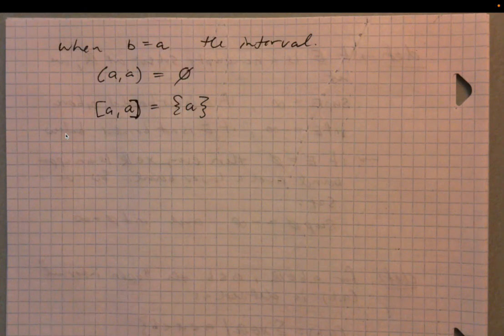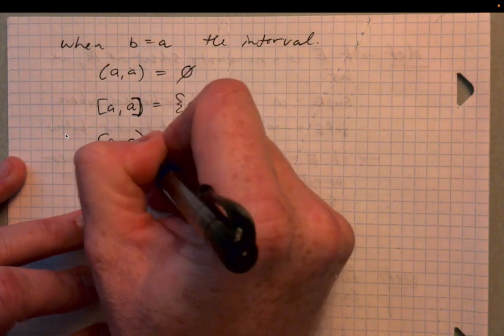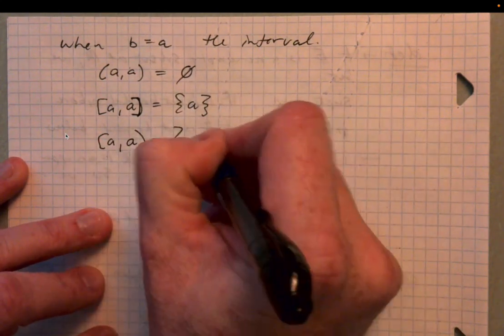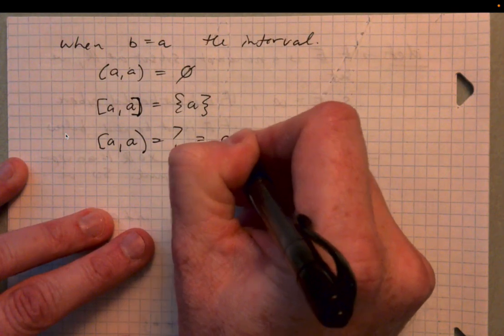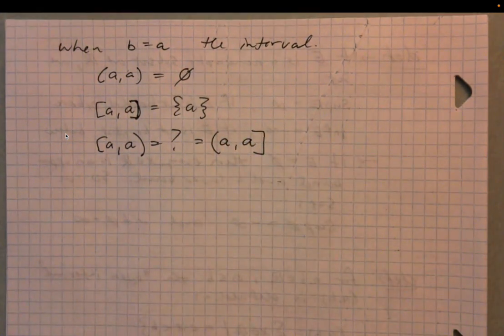Okay, and what happens with the half-opens? Well, I'm going to leave that to you to think about. Okay, and so these are the intervals. Questions about intervals, right? These are just basically a review of the notation that we're kind of used to.